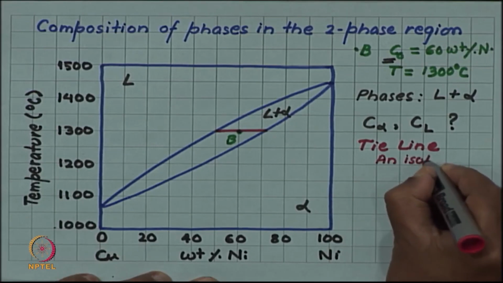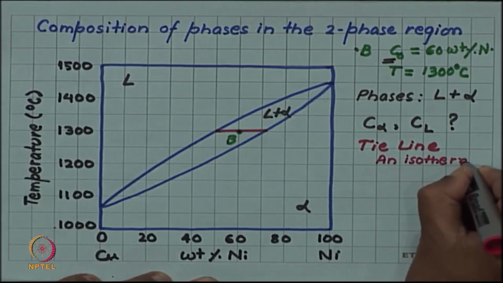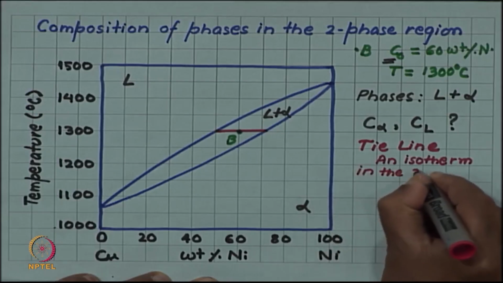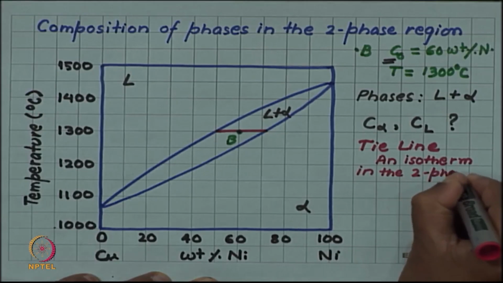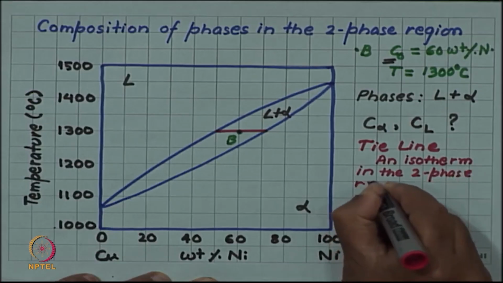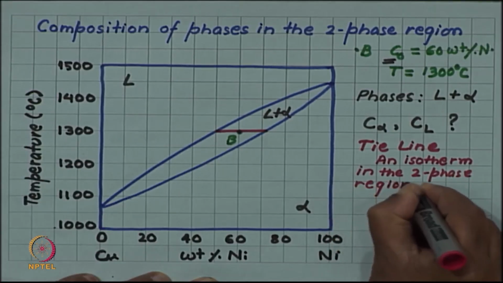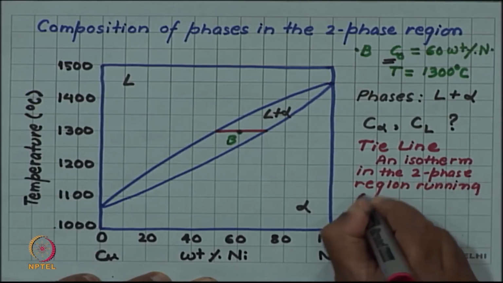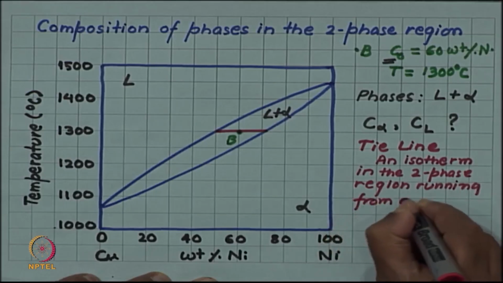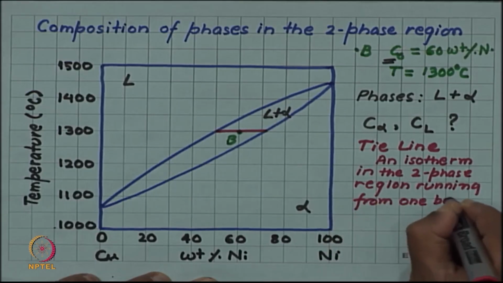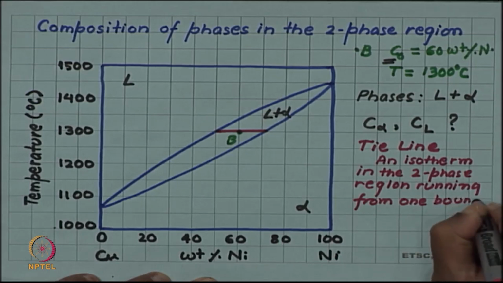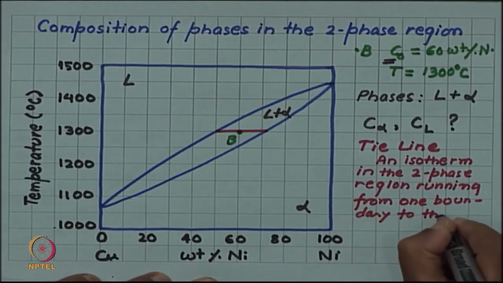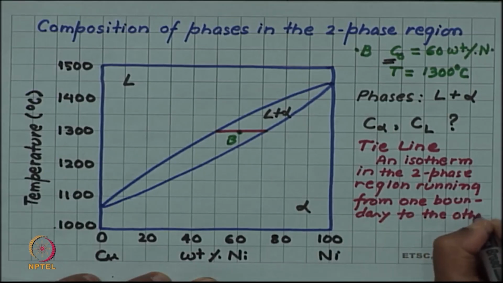An isotherm in the two phase region running from one boundary to the other.